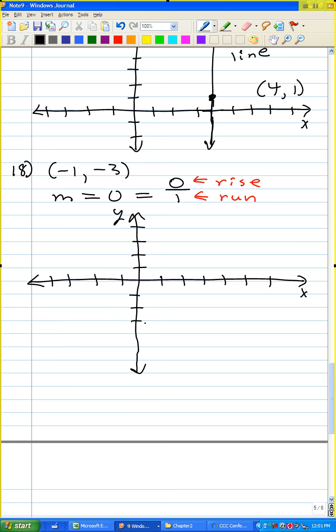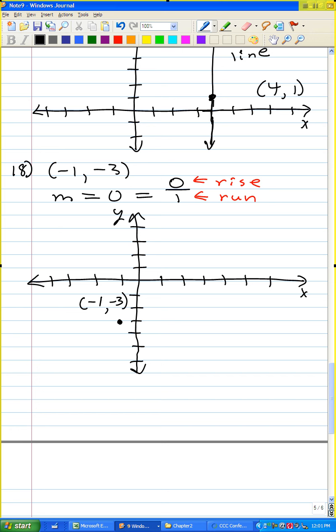So I'm here at -1, -3. And that is a point on my line.